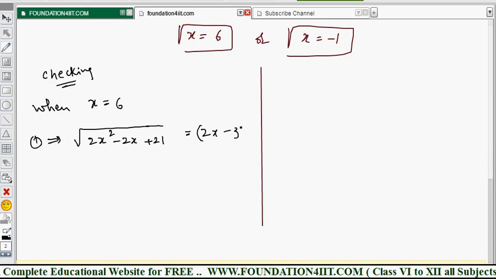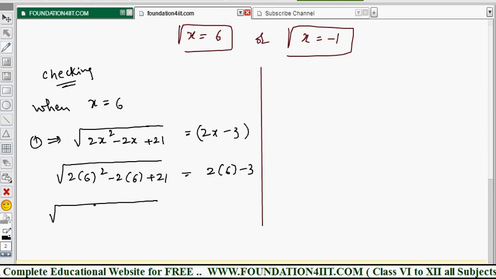Substituting x equal to 6: square root of 2 into 6 square minus 2 into 6 plus 21, and this side is 2 into 6 minus 3. So square root of 2 into 36, since 6 square is 36, and minus 2 into 6 is 12, plus 21. And this side is 12 minus 3.